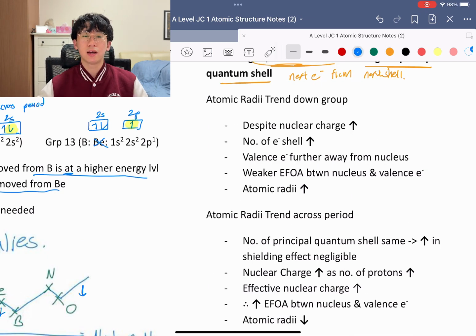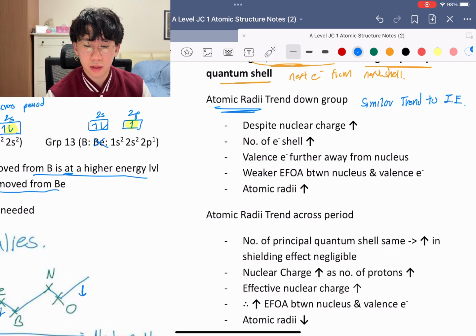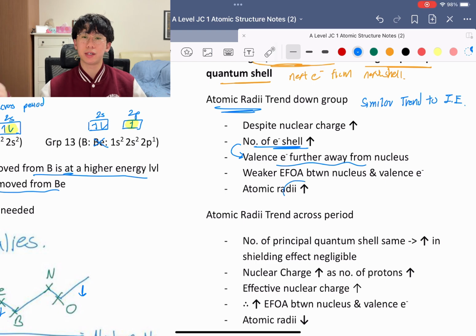Atomic radii also has a similar trend to ionization energy, where you can see that it uses the same explanation. As we go down the group, the nuclear charge increases, but my number of shells increases, and because of that, the valence electrons are further away. And as you can expect, if I have more shells, it means that the atomic radii will increase.